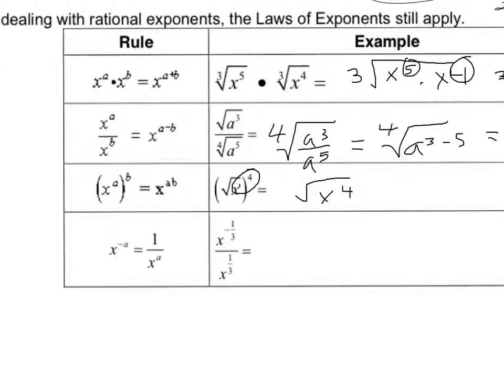And for the last rule, since you have a negative up here, you have to switch it like in some of the previous problems. So it would be 1 over x to the 1/3, and then again over x to the 1/3.